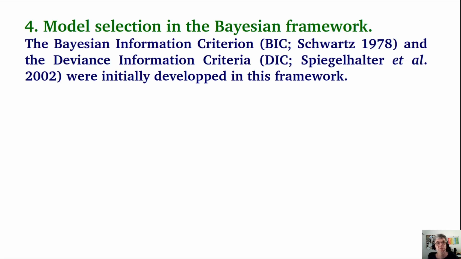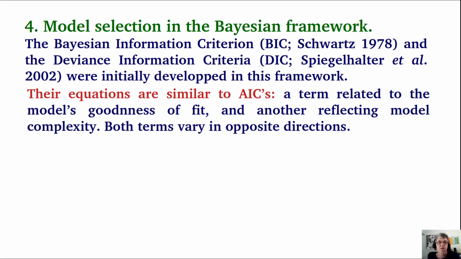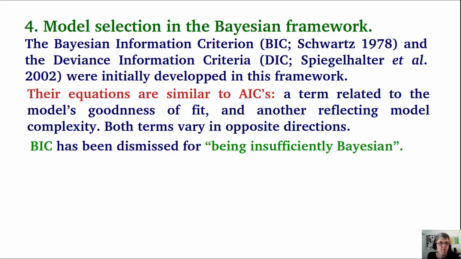In the Bayesian framework, 2 information criteria have been proposed: the Bayesian information criterion and the deviance information criterion, one in 1978 and the other in 2002. The equations of both criteria are very similar to AIC, one term related to the model goodness of fit, and the other reflecting the model complexity, and both terms in each of these criteria vary in opposite directions as in the AIC.